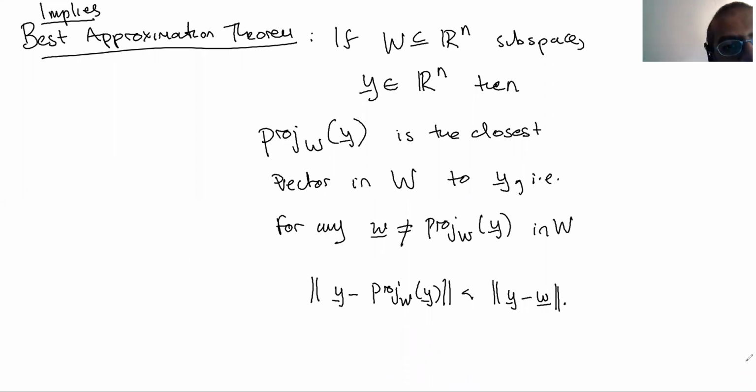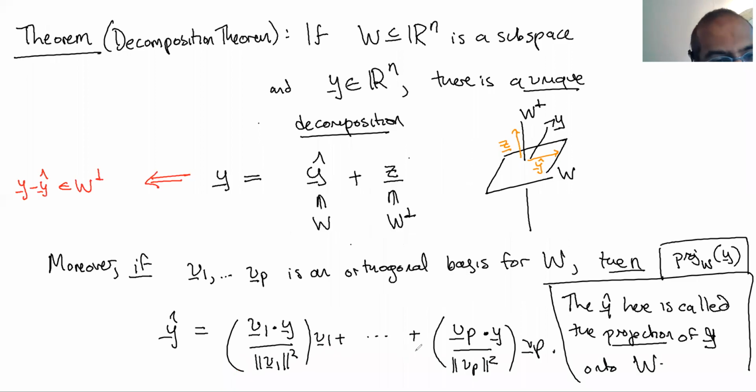Okay, so let's see. The proof of the decomposition theorem is actually pretty straightforward algebra, so I'm just going to leave it to read in the book. Instead, I'll make one more remark, which is that this y hat in the new notation is the projection onto W of y.